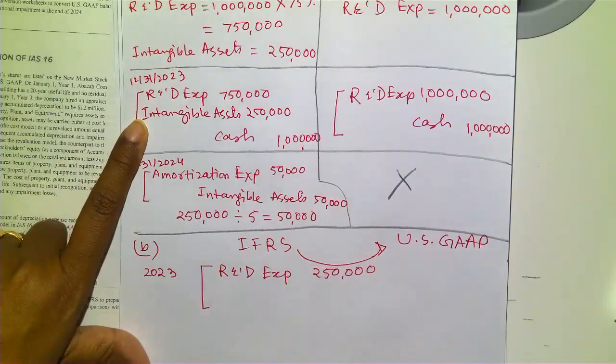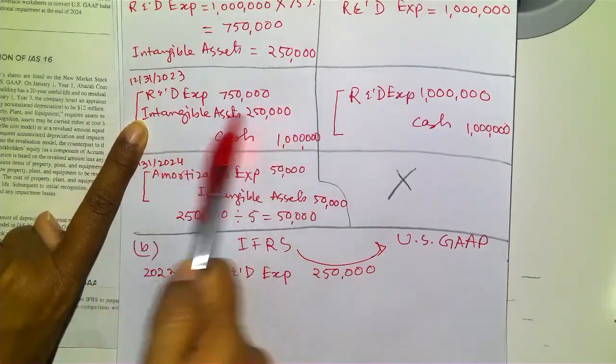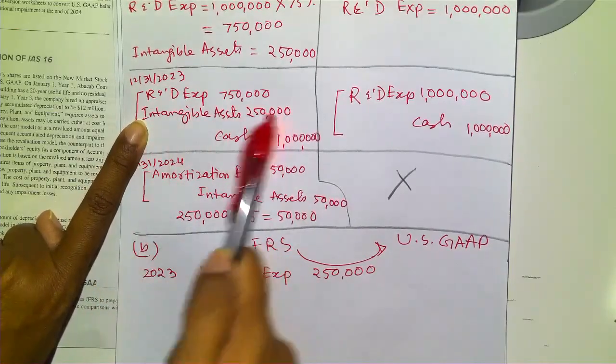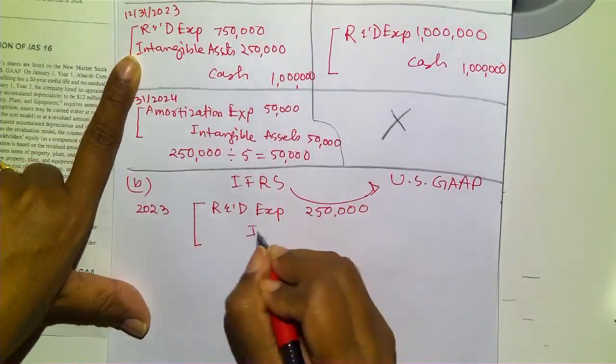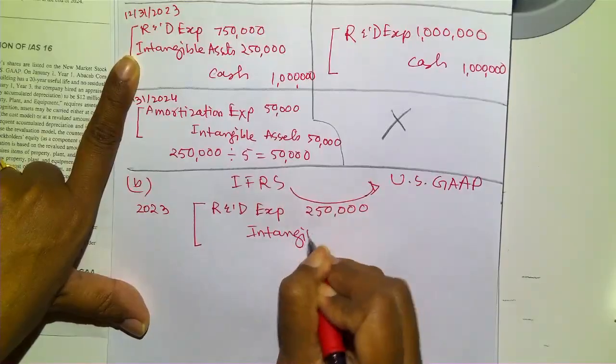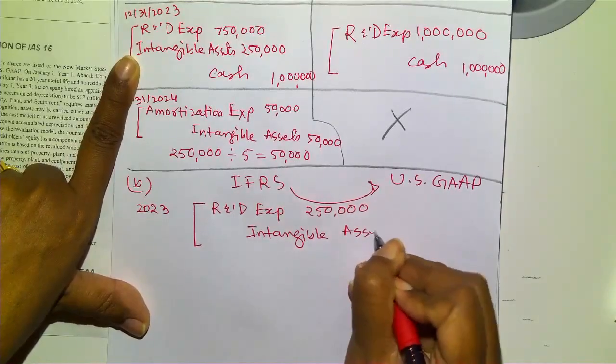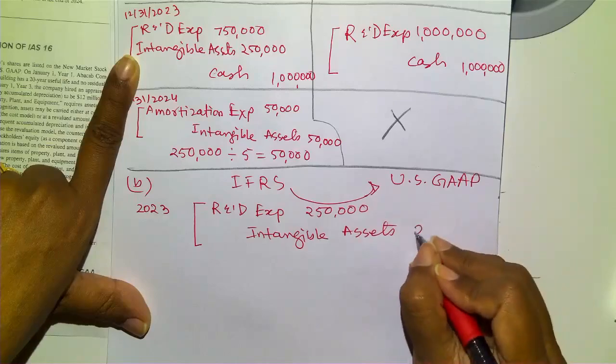So eliminate the intangible assets, remove it, delete it. So credit intangible assets 250.